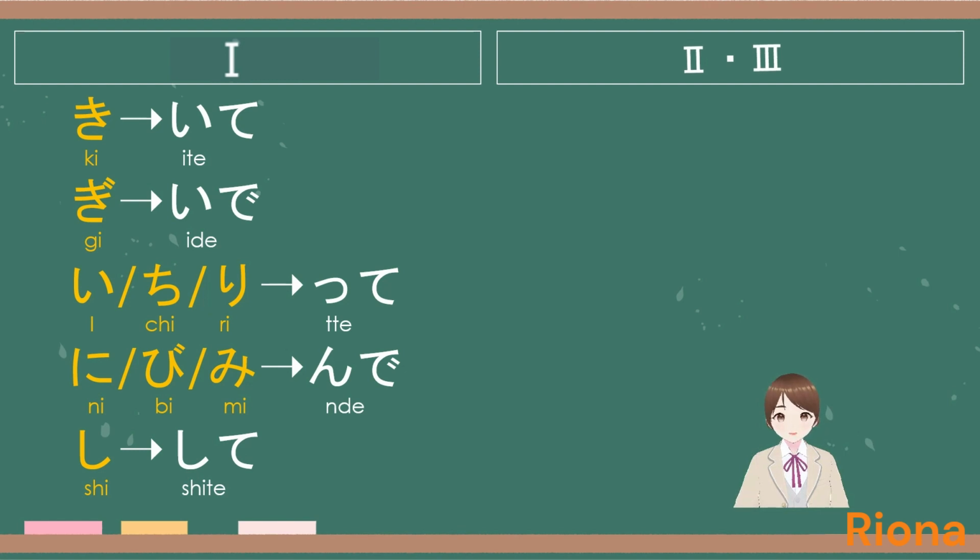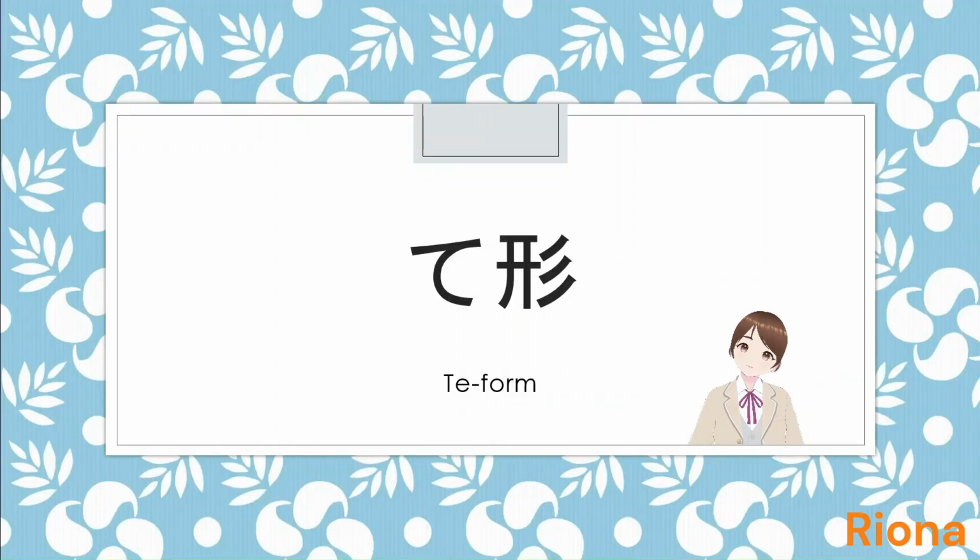Group 2 and 3. ますて. お疲れ様でした. We'll be using this て form in various grammars, so I'd like you to memorize how to do this change.